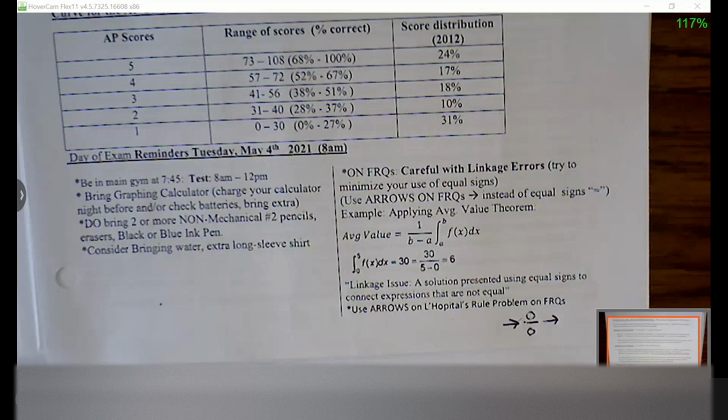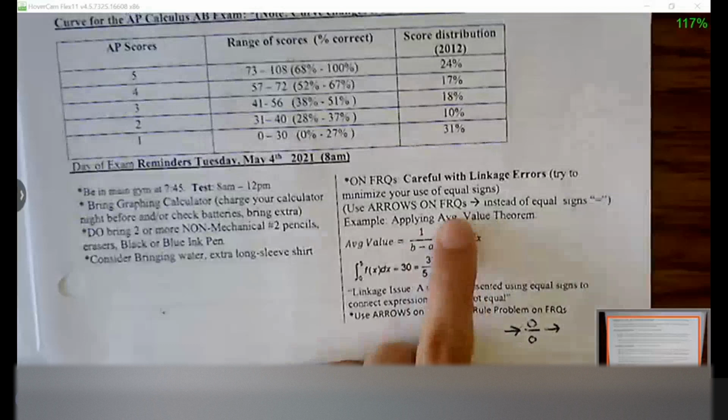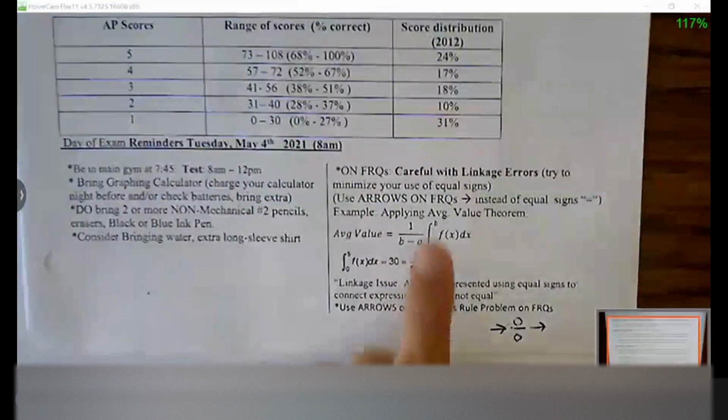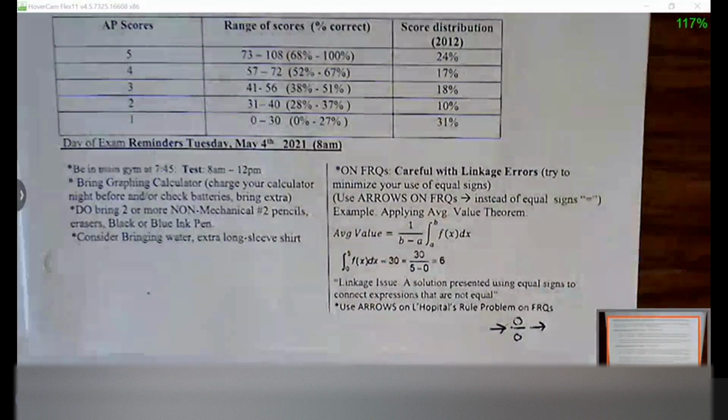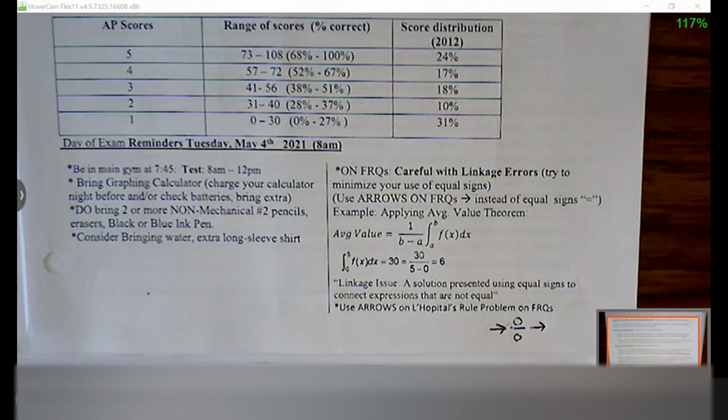I see students with equal signs all over the place, and everything is linked together, and this should be equal to that, and it's not, and I have to take off a point. So try to use arrows on FRQs. Multiple choice doesn't matter at all, but on FRQs, they're looking at your work. You either use arrows or just don't use anything, right? Just go from one step to the next.